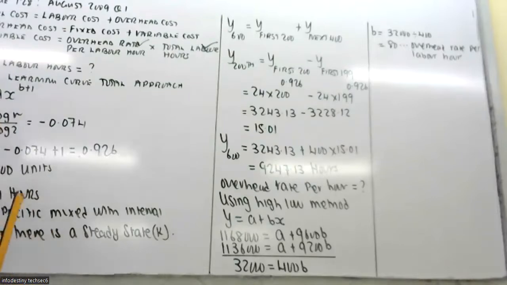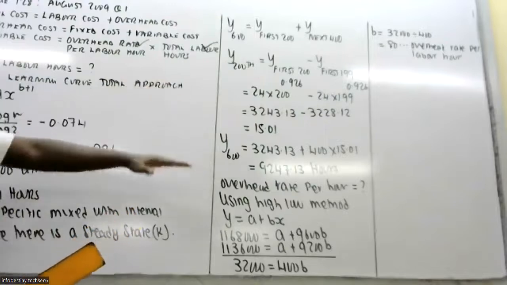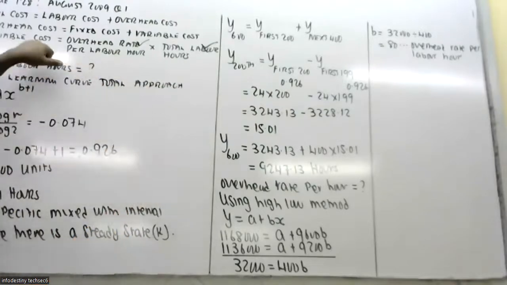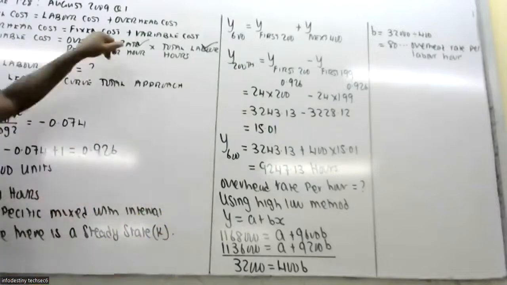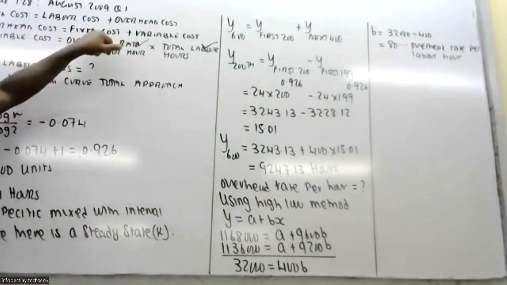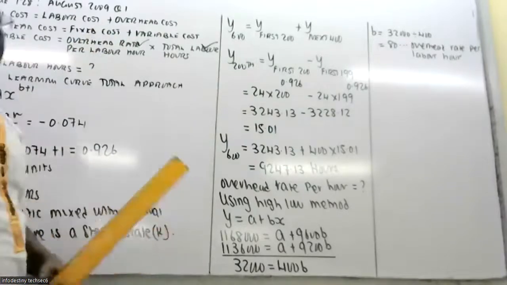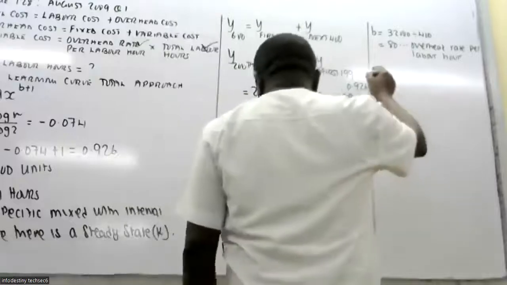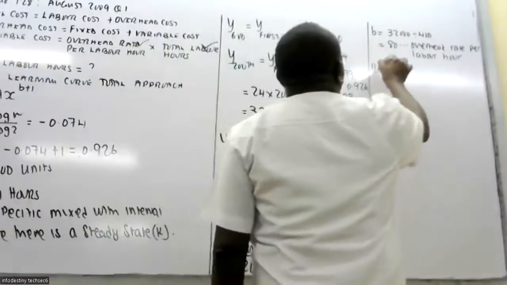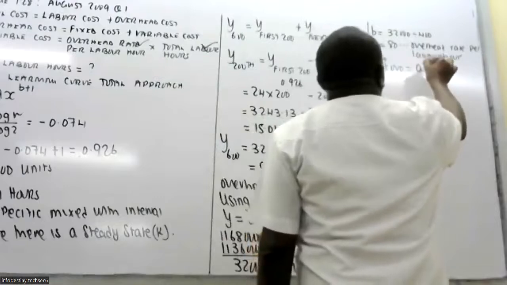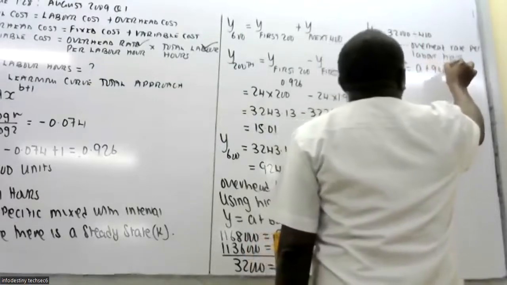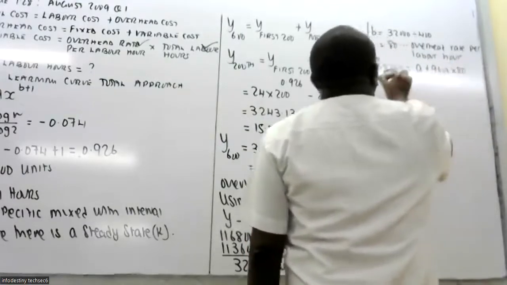Because we will prepare a table to arrange them, this one is already sorted because now we have this. Now we look for the fixed cost, which we get after solving this one. So we come here and say 1168,000 is equal to a plus 9,600 times 80.